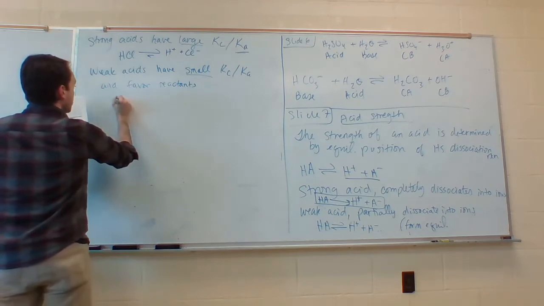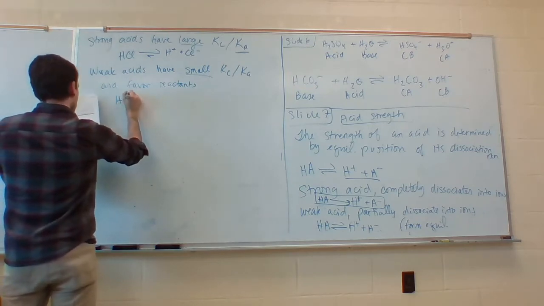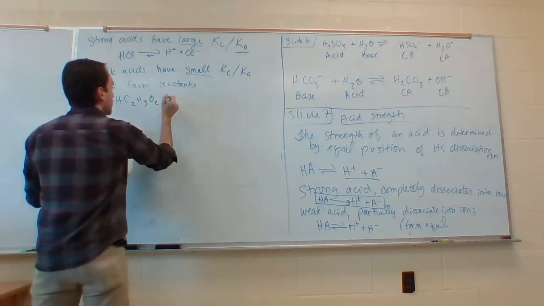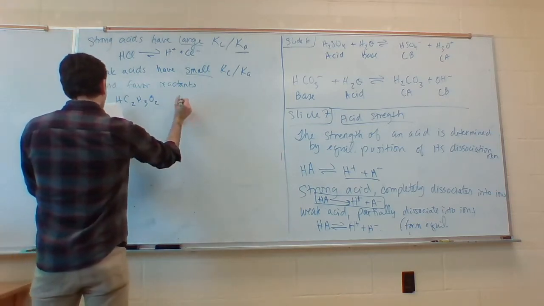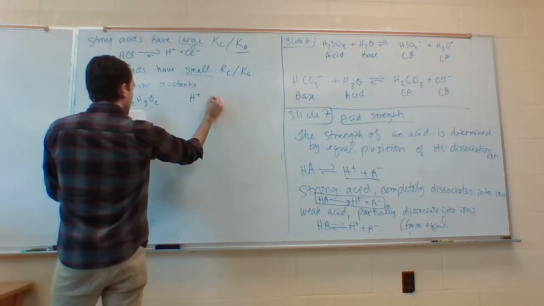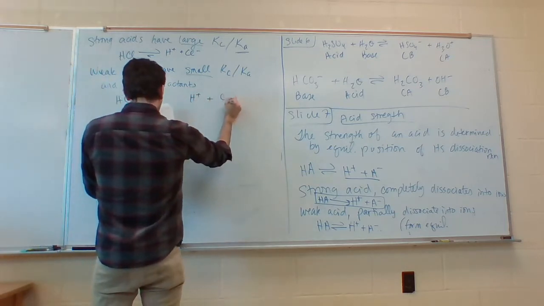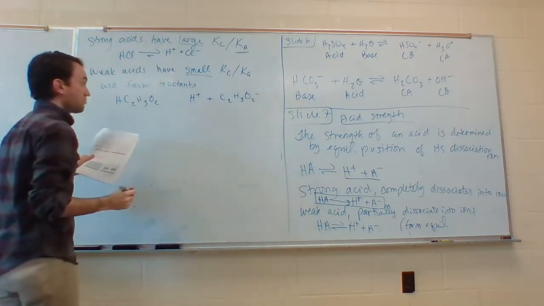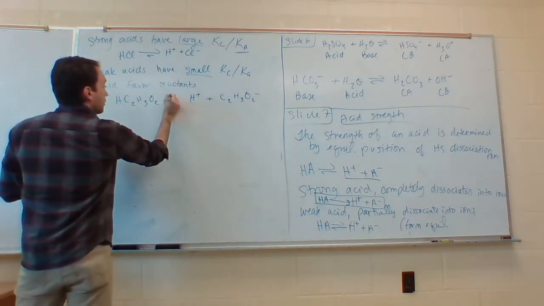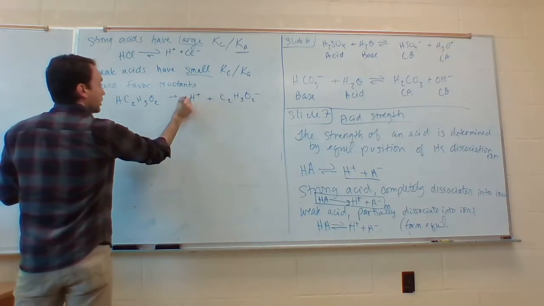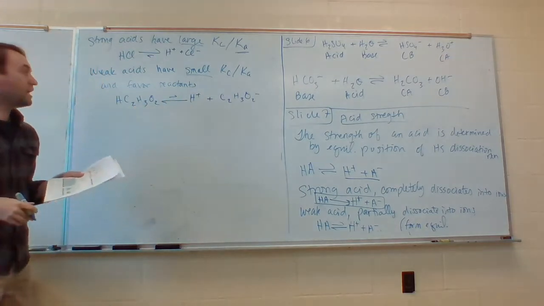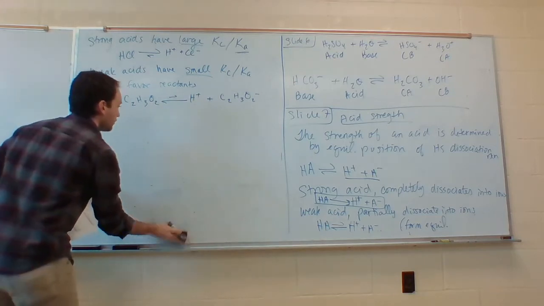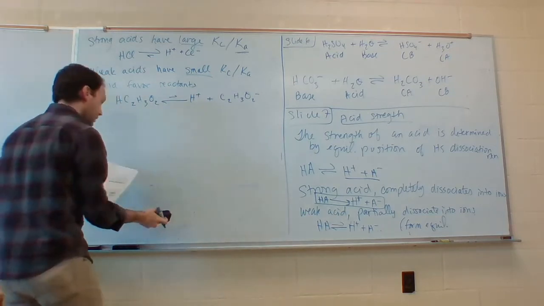So we would have HC2H3O2, that's acetic acid. You guys should remember your polyatomic ions. And that's going to dissociate into H plus and our acetate ion, which is C2H3O2 minus. Now, we're going to have a little bit that dissociates, but we're going to have a lot that wants to stay as our acetic acid molecule. So it's not going to completely dissociate.